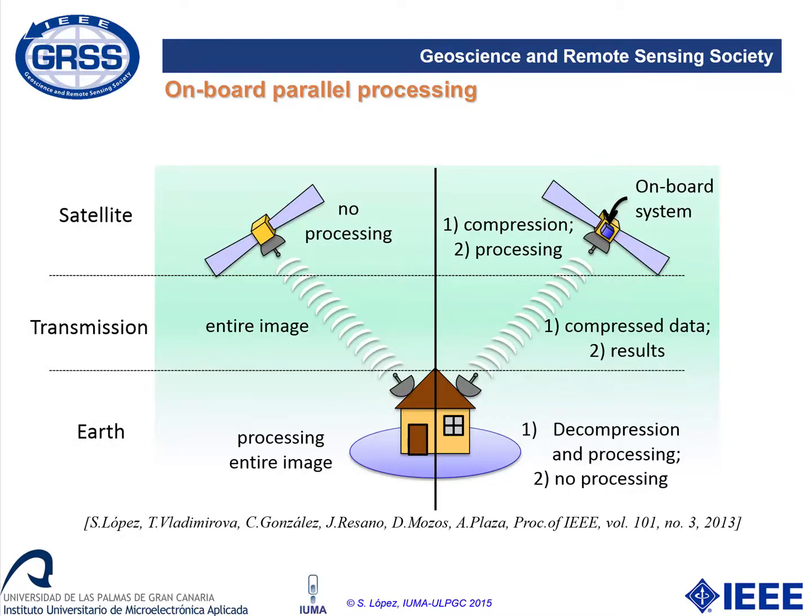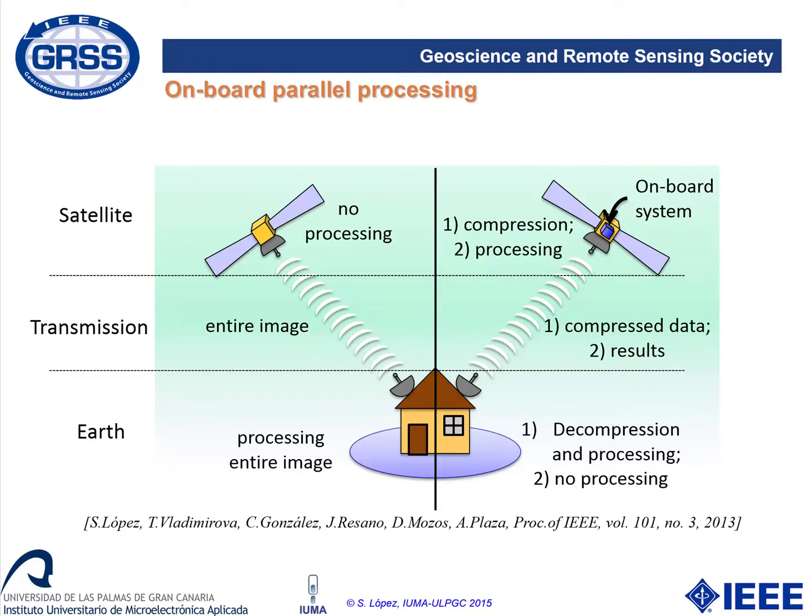So once we have made an overview about parallel processing and about the different options that we have for processing a hyperspectral image in parallel, I would like to focus on a very particular case which is very important in remote sensing, which is onboard parallel processing. And this is summarized in this slide, where at the left we can see a solution where we are not considering onboard parallel processing.